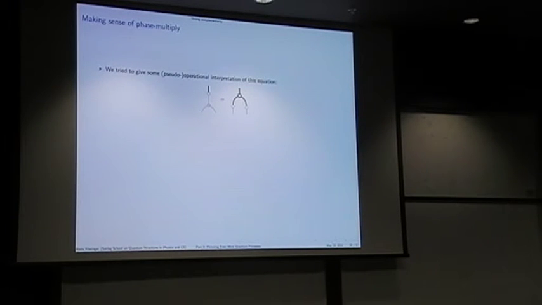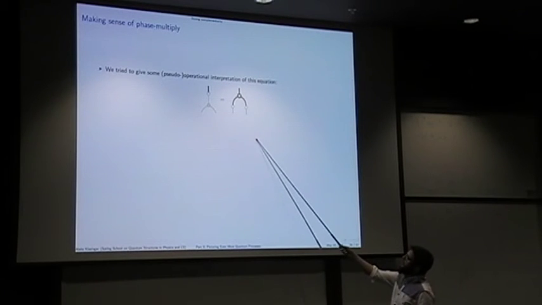So earlier I was trying to give some sort of pseudo-operational interpretation for this equation. For the complementarity equation, it's very easy. We can talk about preparations and measurements, and we get known data flow, and we can talk about experiments which witness it. But this one's a bit weirder.